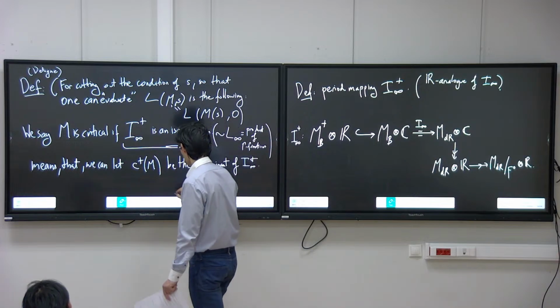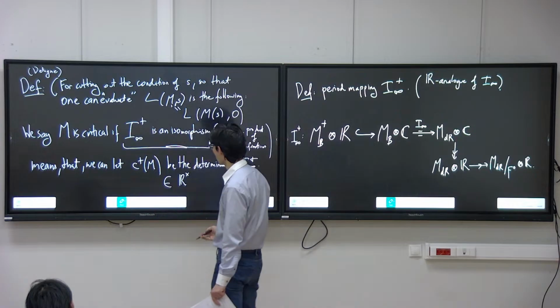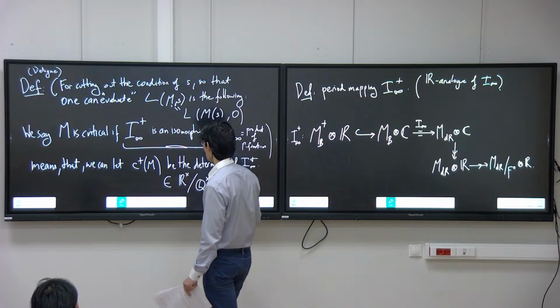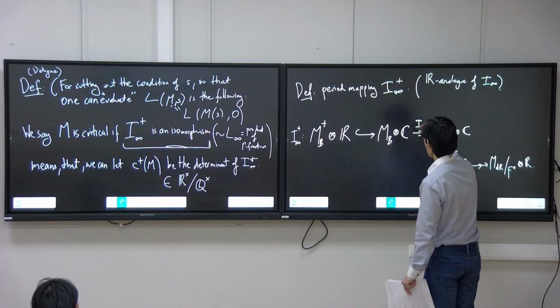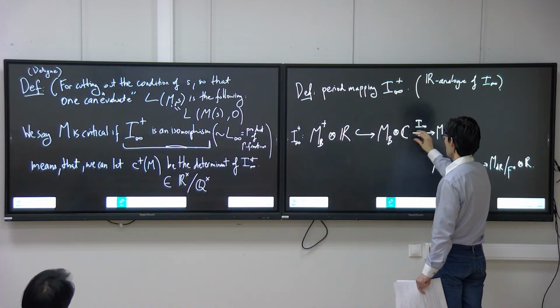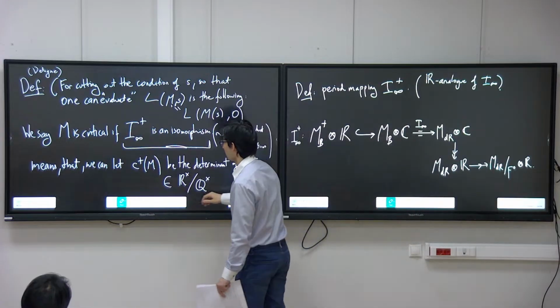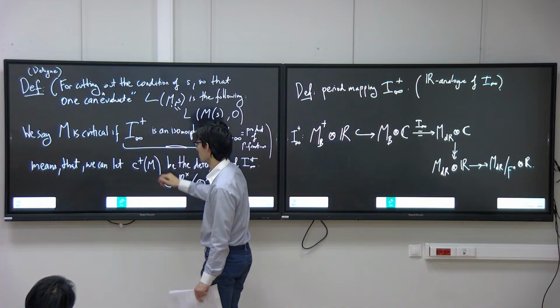This is a well-defined element in R cross. It's a real number, up to some rational number, because the choice of this isomorphism I infinity also depends on some choice of rational coordinates. So it's well defined, and this is called the period of M, if M is critical.